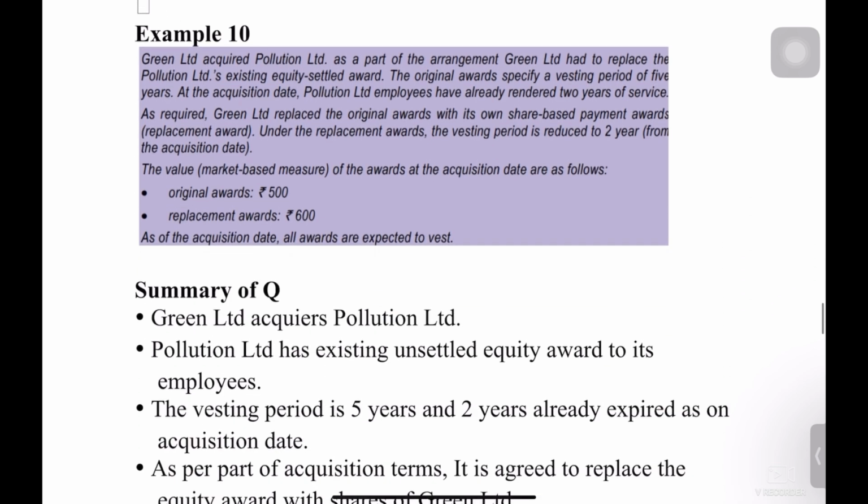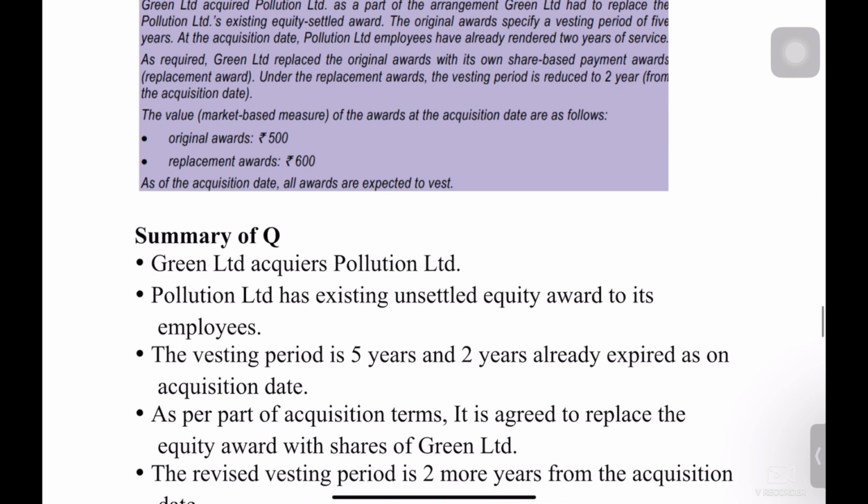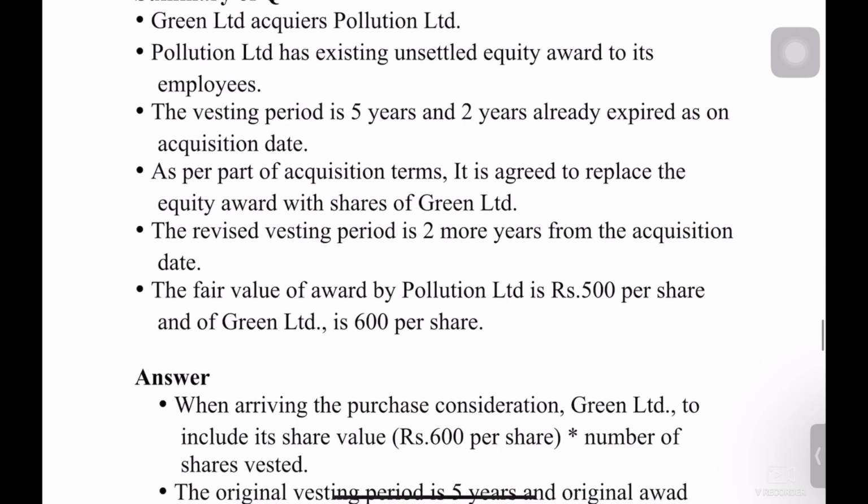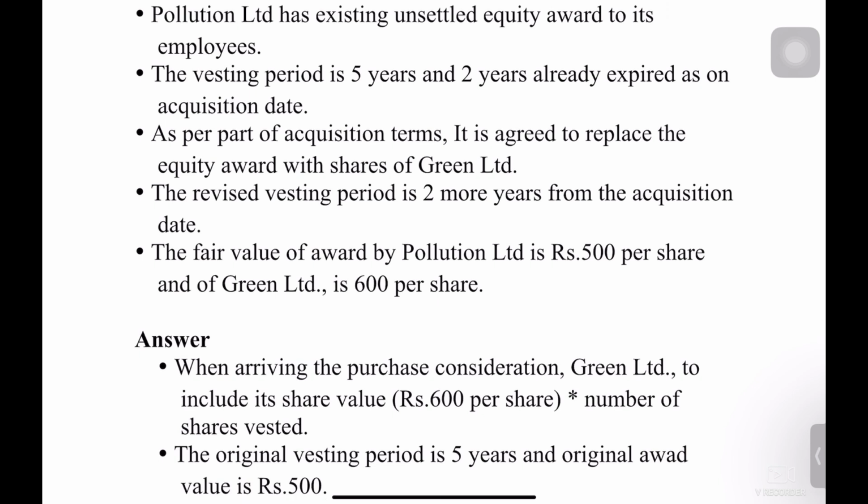Okay, then let me move to the next example. In this example, Green Limited acquires Pollution Limited, and Pollution Limited has an existing unsettled equity award to its employees. The vesting period is 5 years and 2 years have already expired as on the acquisition date.